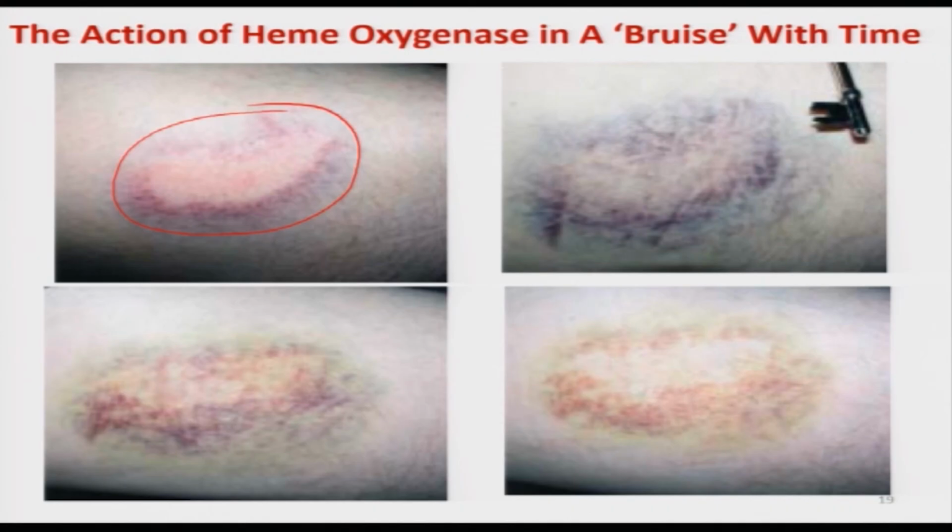So, the action of heme oxygenase can be clearly seen if you follow a bruise changing color with time, and this bilirubin is actually a strong antioxidant, and thereby it is getting cured automatically. If you have a small bruise, you generally need not visit a doctor, since it automatically gets cured due to the formation of bilirubin, which is indeed a natural antioxidant. You do not need to use any ointment or medicine normally.